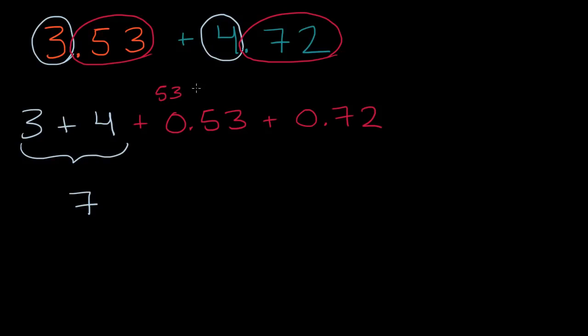This is 53 hundredths, and this is 72 hundredths. Well, 3 plus 2 is going to be equal to 5, and then 50 plus 70 is equal to 120. So this is going to be 125 hundredths.